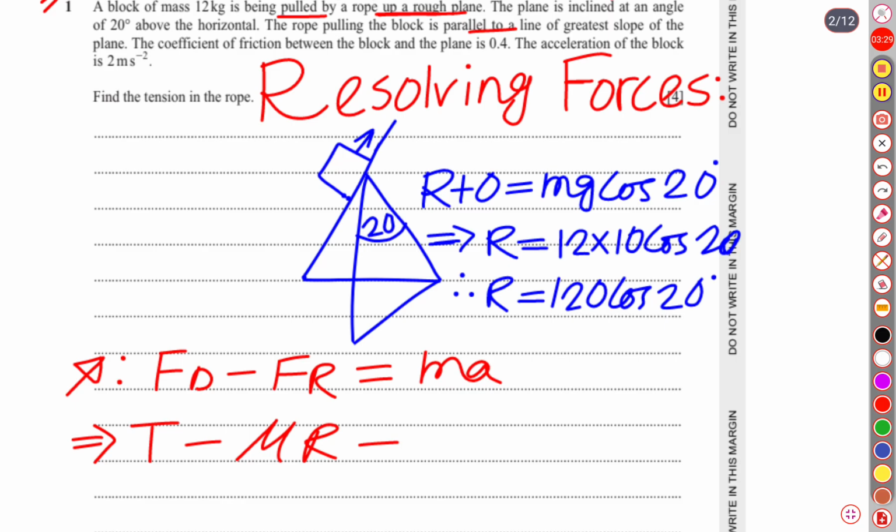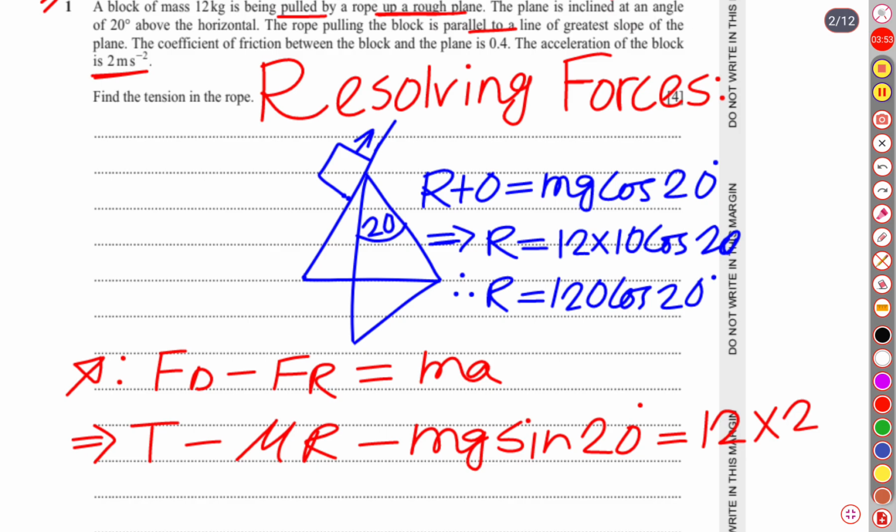Then minus the weight component is the other resistance to motion. So the weight component is mg sin 20 degrees, equal to the mass of the block, 12 kg, and the acceleration is given as 2 meters per second squared.